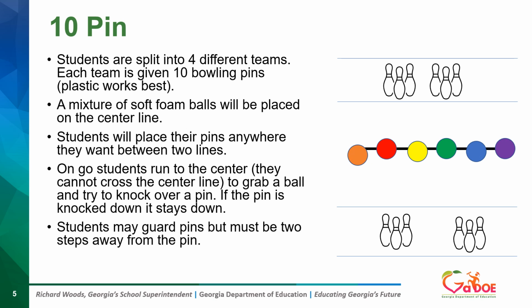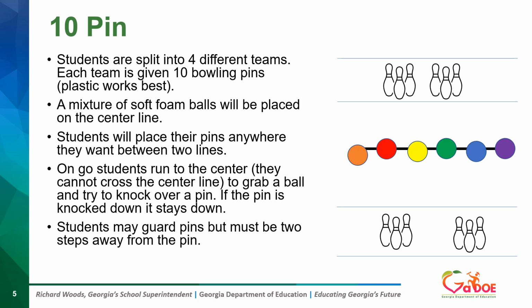If the pin is knocked down, it stays down. So again, we try to have the students strategize with each other to try to figure out how best to get the pins down, because the opposing team is allowed to guard the pin. If they are guarding a pin, they must be 2 steps away from that pin.